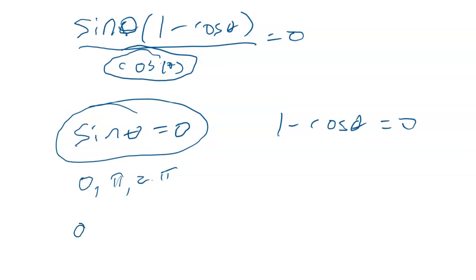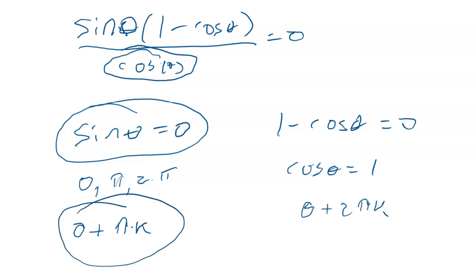So if I want, this is going to be 0 plus pi times k, or k pi. Cosine theta equal to 1. Cosine theta is equal to 1 at 0 plus 2 pi k. So like this kind of overrides that. I hope that makes sense.